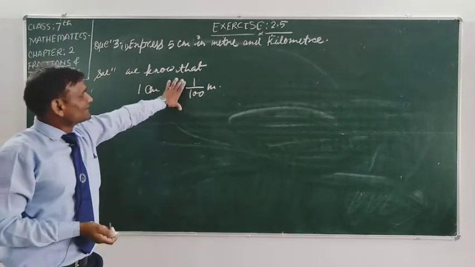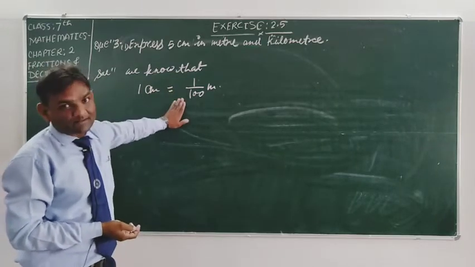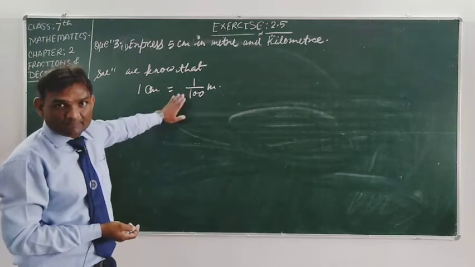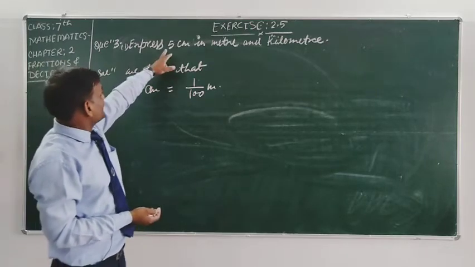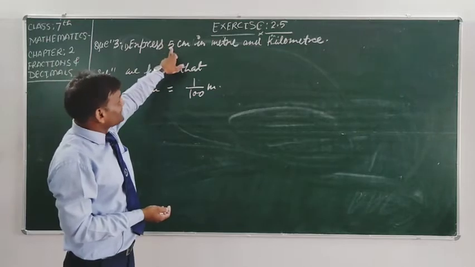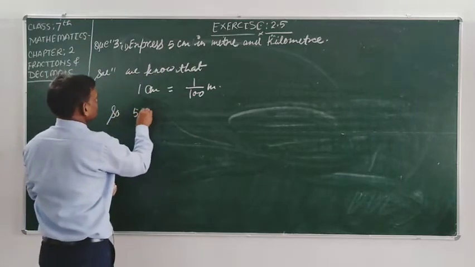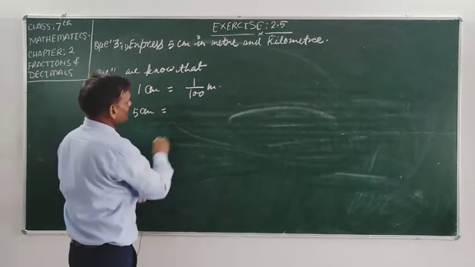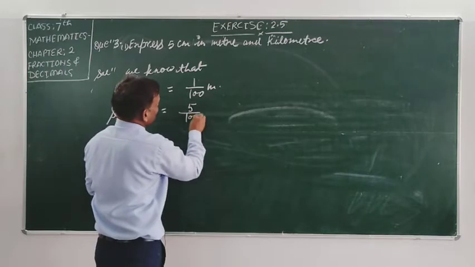If 1 centimeter is equal to 1 upon 100, then 2 centimeter, 2 upon 100, 3 centimeter, 3 upon 100, 4 centimeter, 4 upon 100 meter, and we require to change 5 centimeter in meter. So student, 5 centimeter is equal to 5 into 1 upon 100, or we can write directly 5 upon 100 meter.